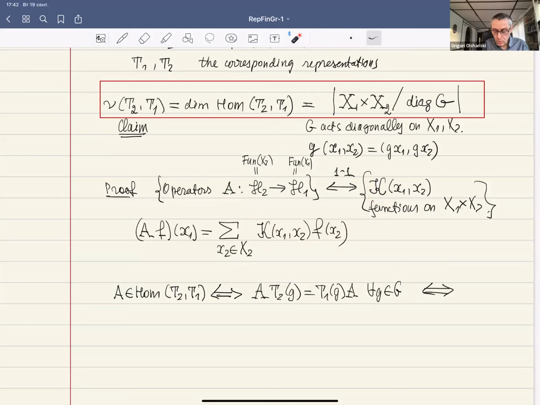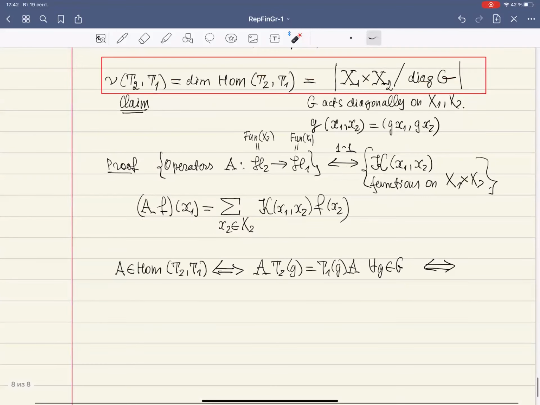Yes, there is a one-to-one correspondence between operators and arbitrary functions in two variables. Thank you. Is it clear, or maybe I can make it more explicit? Yes, it's clear. Thank you.